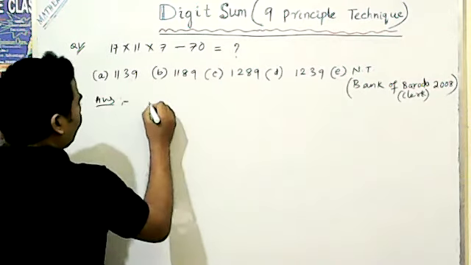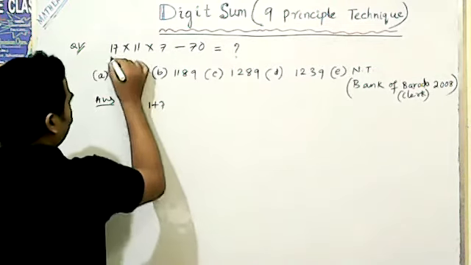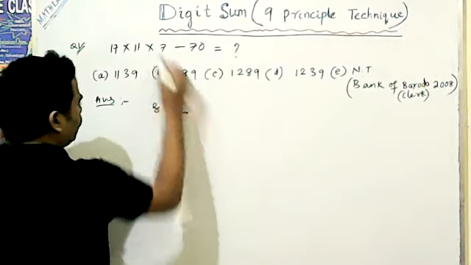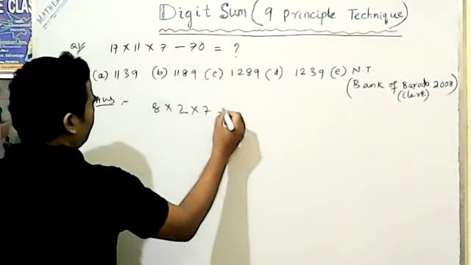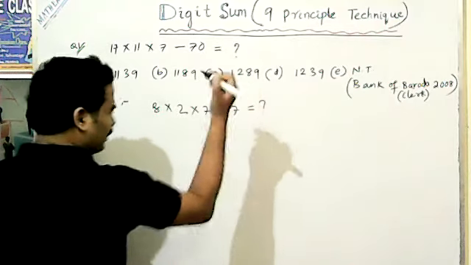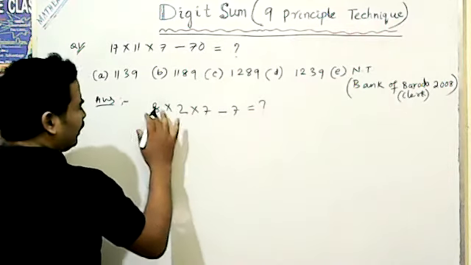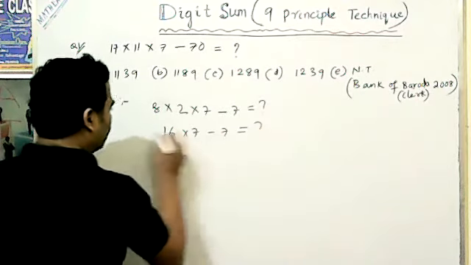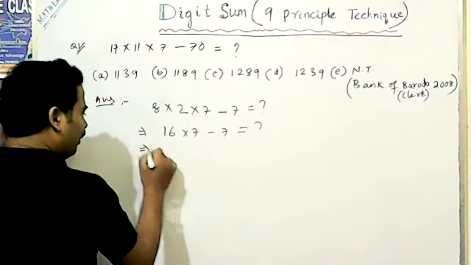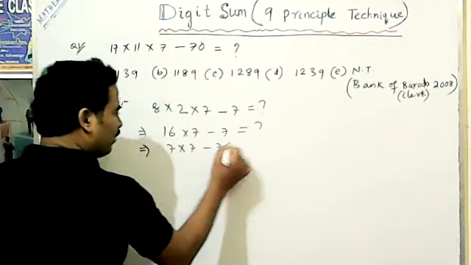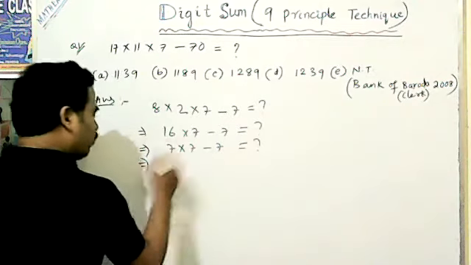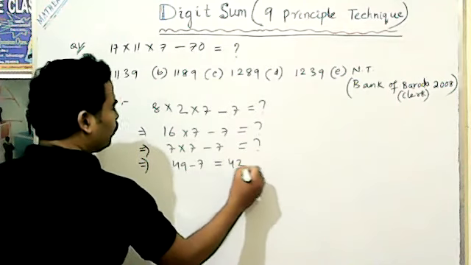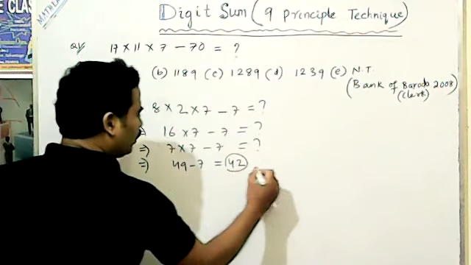Here, 1 plus 7 is equal to 8. Then 1 plus 1 is 2, into 7 minus 7. That means 16 into 7 minus 7. You add the digits again: 7 into 7 minus 7 is 49 minus 7, that is 42, and the digit sum comes to 6.